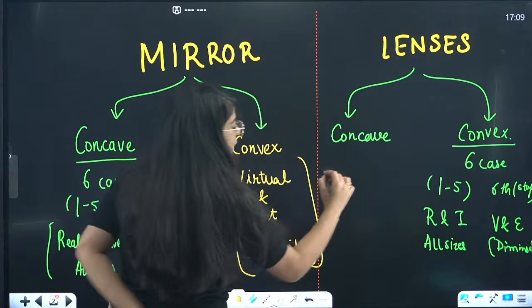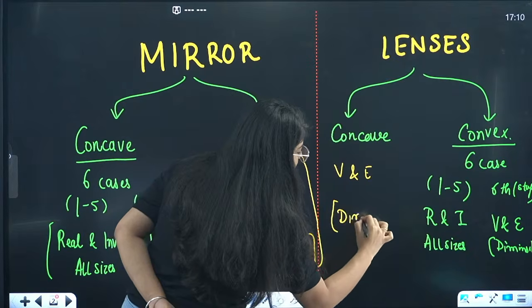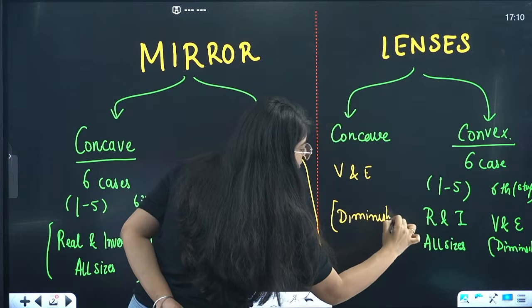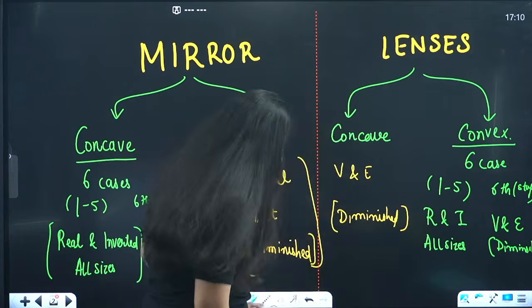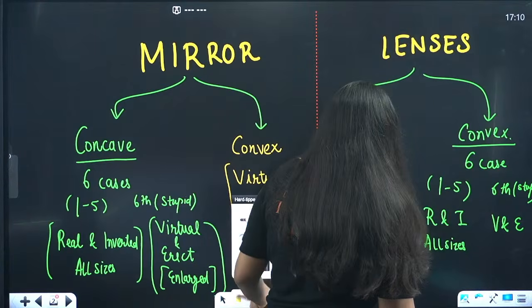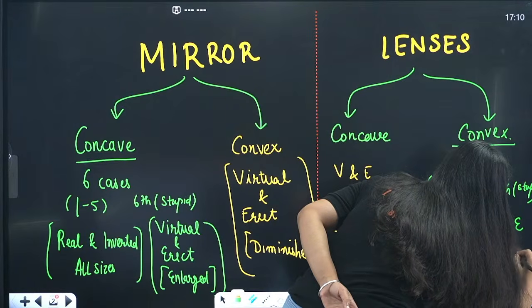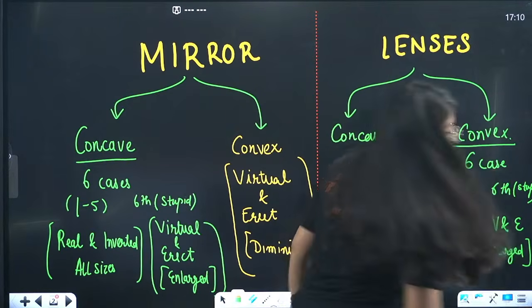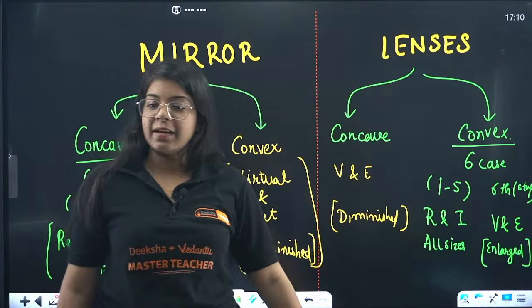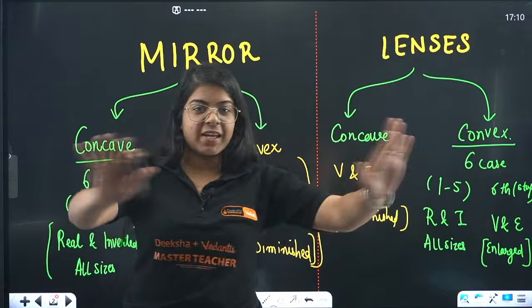So same, virtual and erect, and it will be always diminished. Oh, here I said diminished, right? Here it won't be diminished, it will be enlarged. My mistake. This whole slide, is it clear? Opposite for lenses, okay? Let's make this very clear.